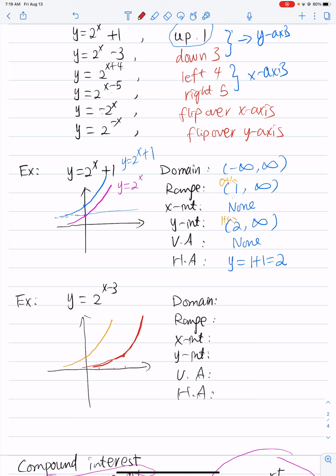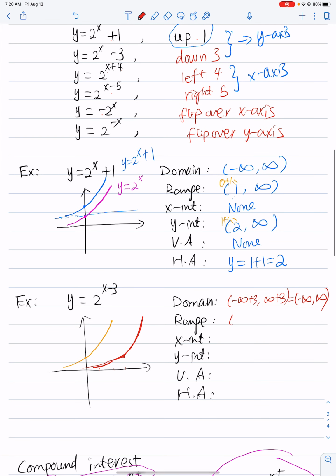What happens with the domain? You used to be what? Negative infinity to infinity. And think about negative infinity plus 3, infinity plus 3. Does it matter? Infinity and infinity, it's always infinity. So it's still negative infinity to infinity. What happens to range? We didn't touch the y, yeah? So it's the same thing.